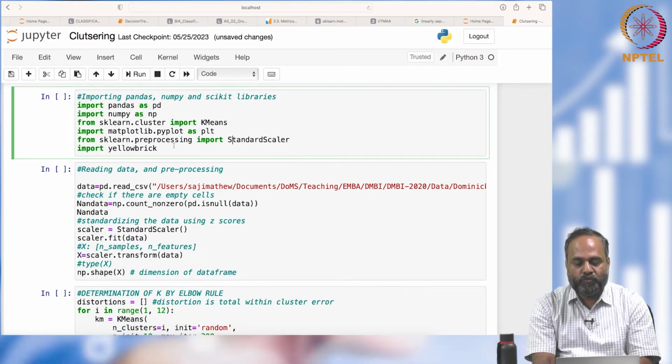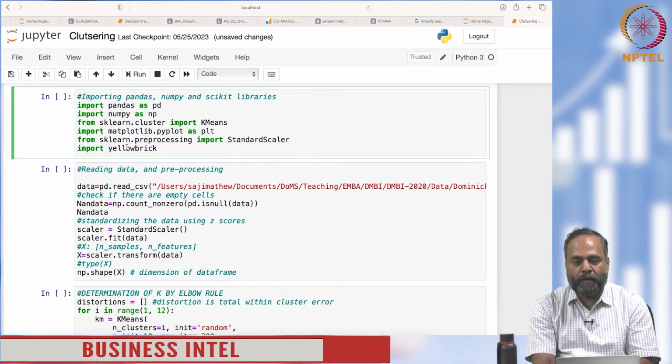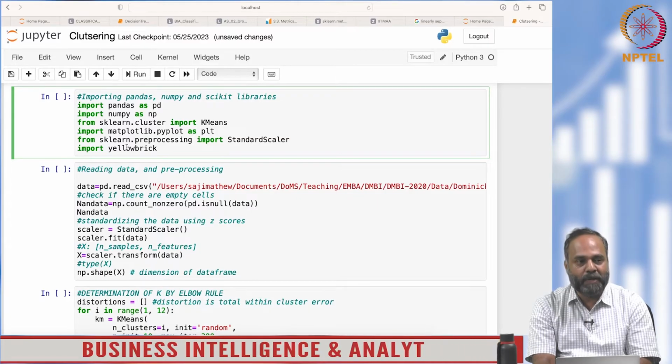And for graphical display of clusters, I am using Yellowbrick, which is not in the scikit-learn library, so you must install it separately. It has very rich features for graphical displays, both for clustering as well as decision trees.